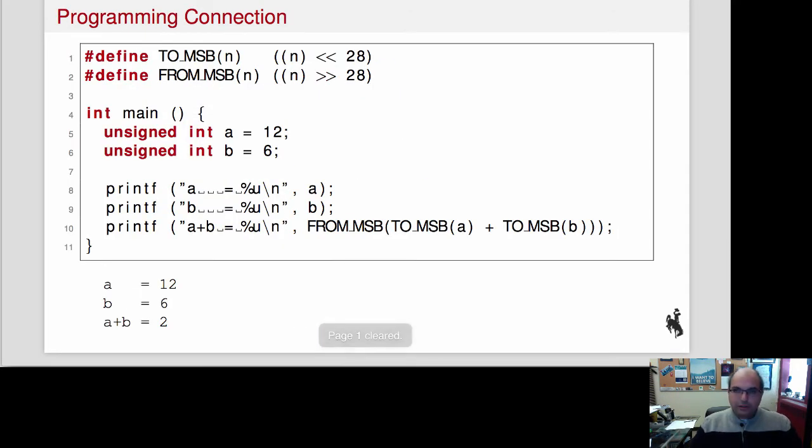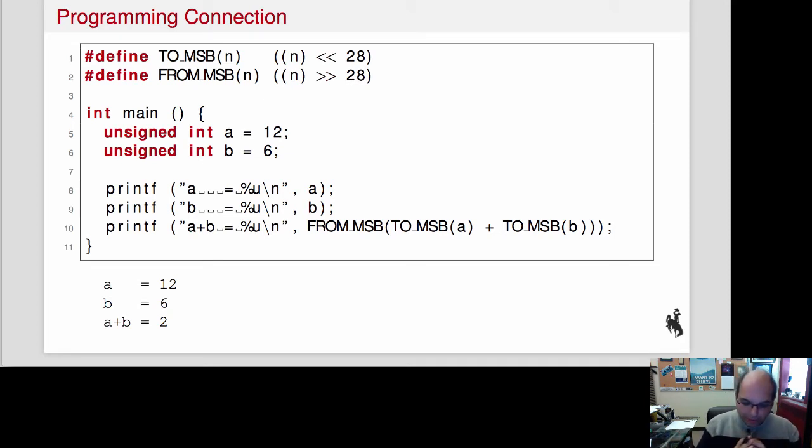Okay, so I want you to really truly believe that that's what's happening. So I wrote these little programs, okay? To MSB, MSB is the most significant bit. So what I do is I pass the number n, and I'm working with small numbers, 4 bits. I have to shift them over so that those 4 bits are actually the most significant bits.